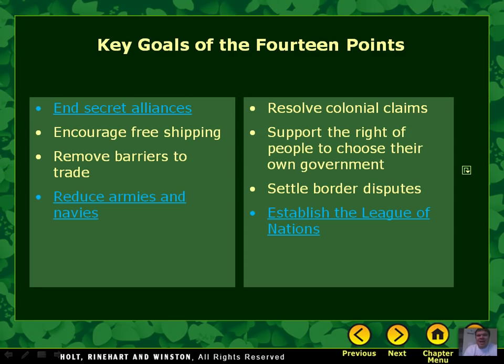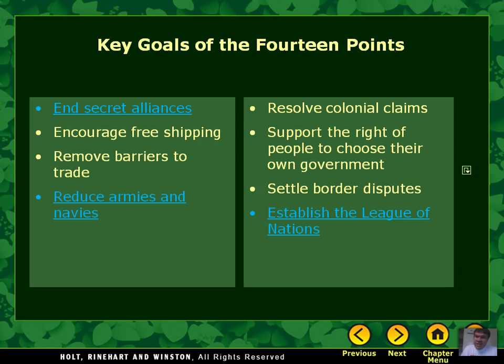Well, some of the highlights of the 14 points deal with some of the causes of World War I. Wilson asked for these countries to end their secret alliances. No more friendships that could draw other countries into war. Encouraging free shipping, removing any kind of barriers or walls or laws that prevent countries from trading with each other.